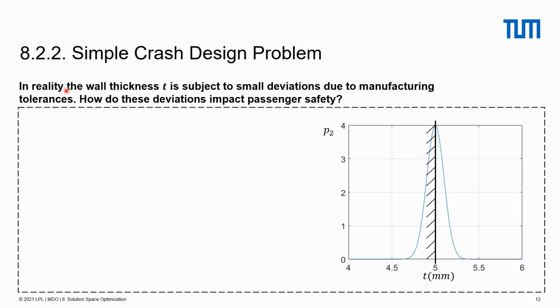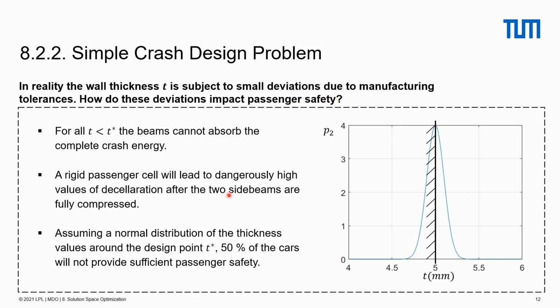Task 2. In reality, the wall thickness T is subject to smaller deviations due to manufacturing tolerances. How do these deviations impact passenger safety? First, we find the solution T star at the point that the side bins just absorb the kinetic energy in the crash.